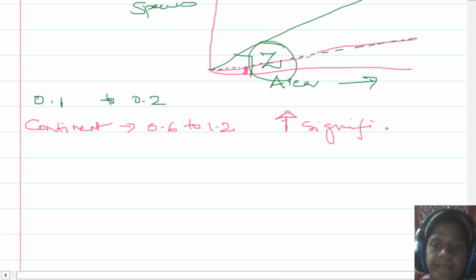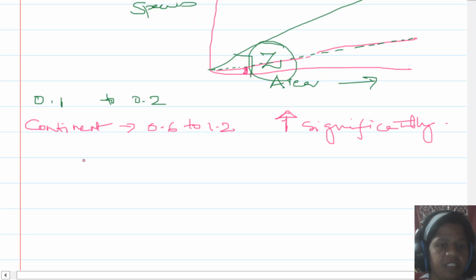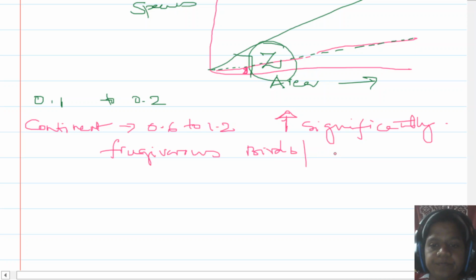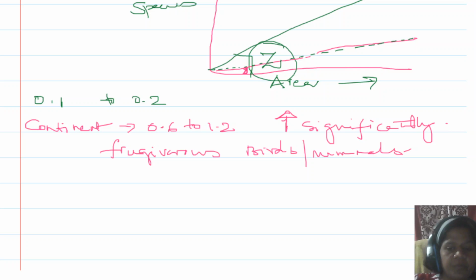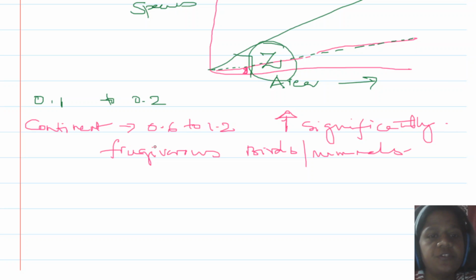And in the example that they have taken, the species that they counted were frugivorous birds and mammals. It's nearly 1.2.